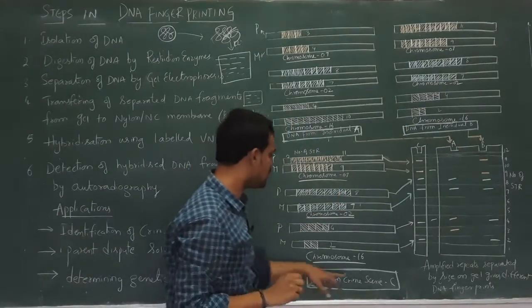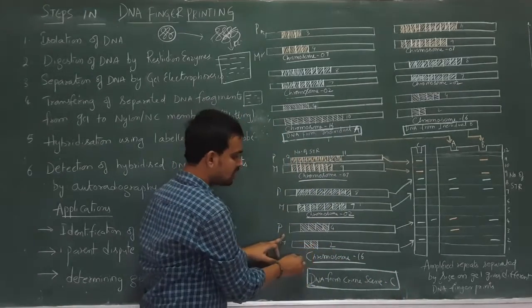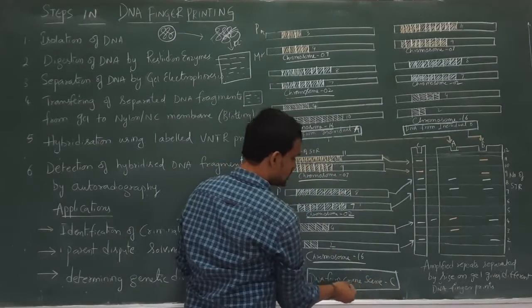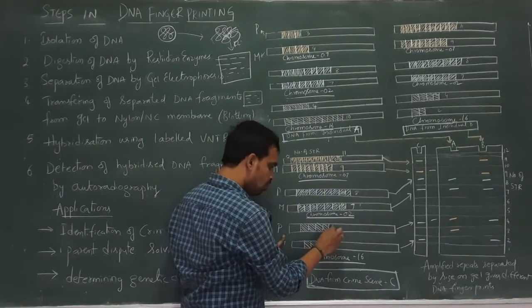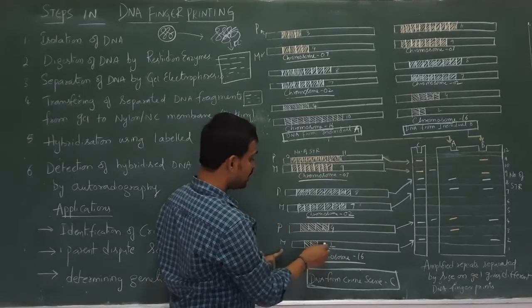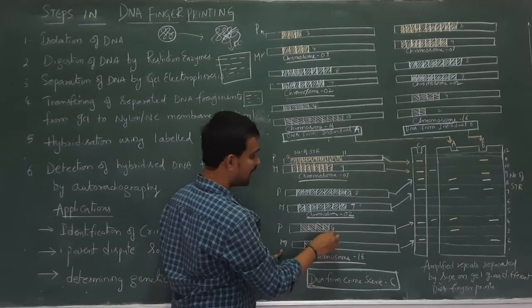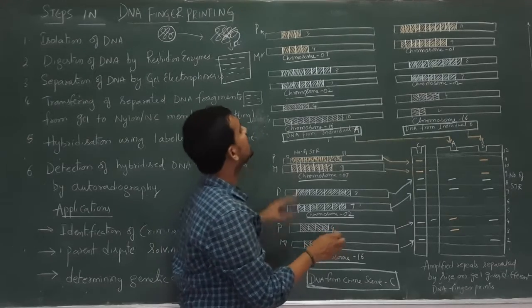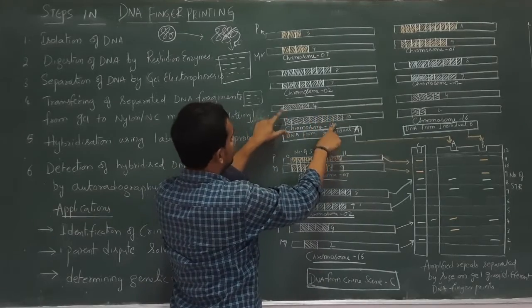Next, coming to chromosome 16. Here, the DNA from the crime scene C has 4 tandem repeats in the paternal chromosome, and the number of tandem repeats in the maternal chromosome is 2. Here for individual A the number of tandem repeats is 4, 10.